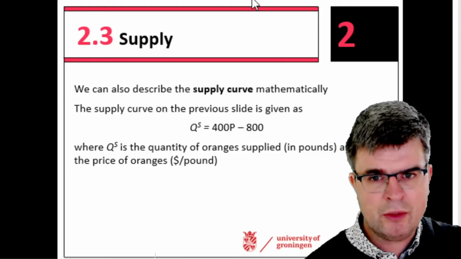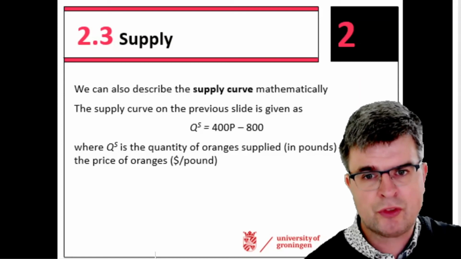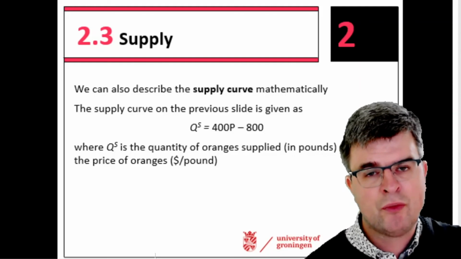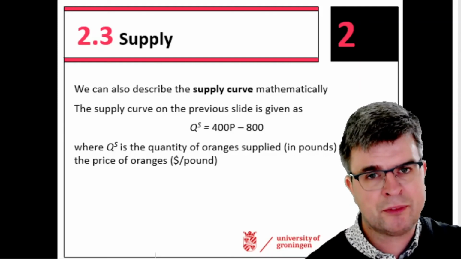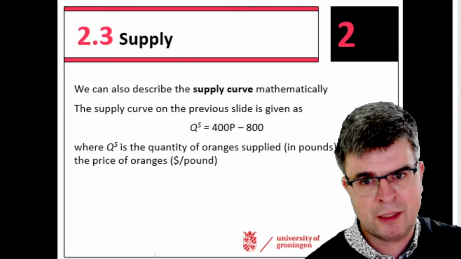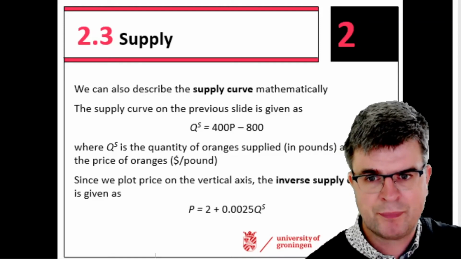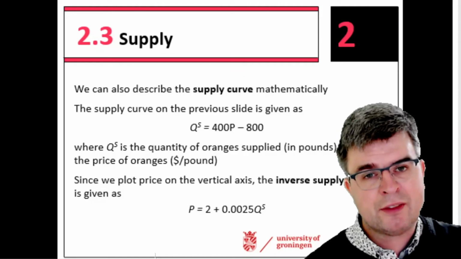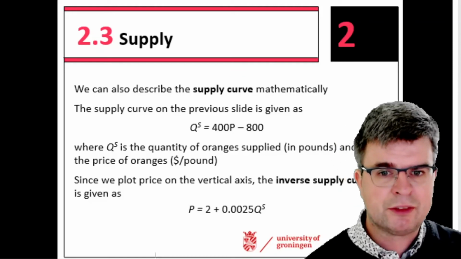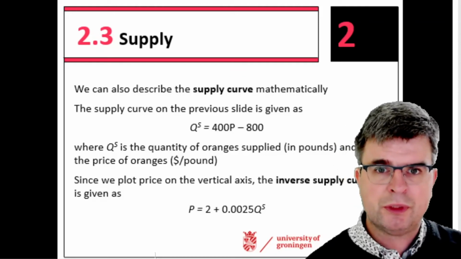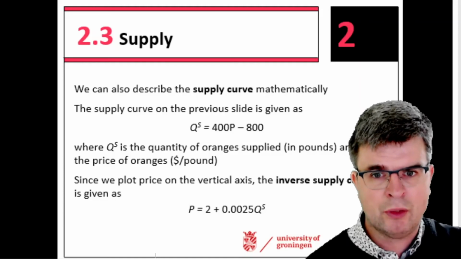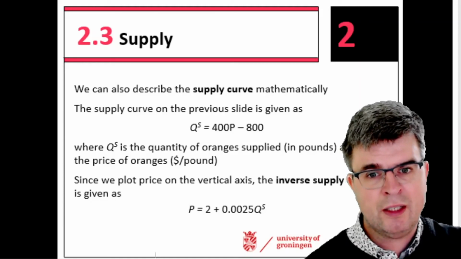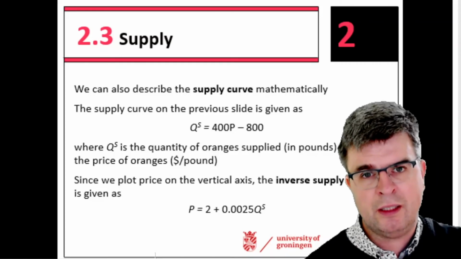So you can see that the price of $2 is the supply choke price, because 400 times 2 is 800, minus 800 is exactly identical to 0. And since we plot the price on the vertical axis and the quantity on the horizontal axis, we also often use the inverse supply curve, which you obtain from the supply curve by just taking the inverse and freeing the price.